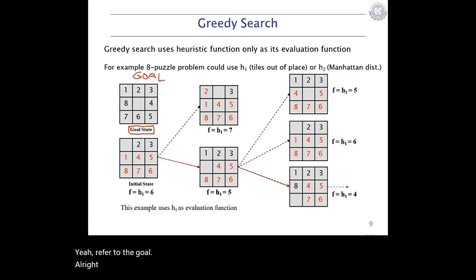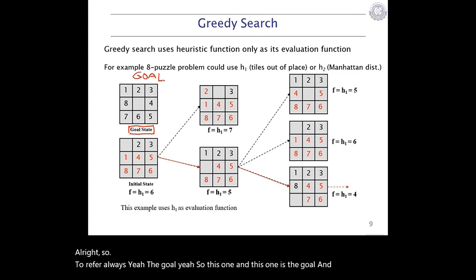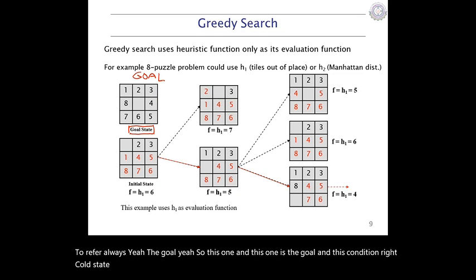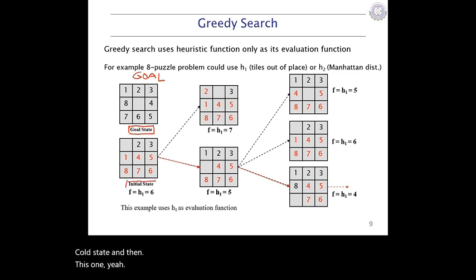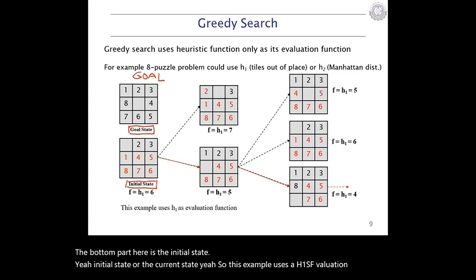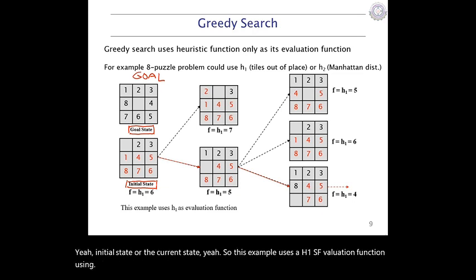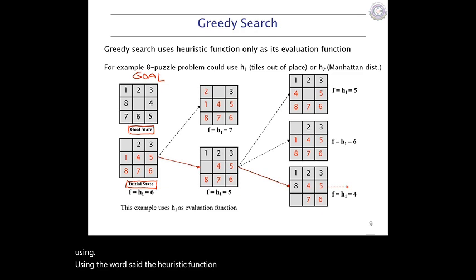This one is the goal, and the bottom tiles here are the initial state, or the current state. This example uses H1 as the evaluation function, using the heuristic function, only H.